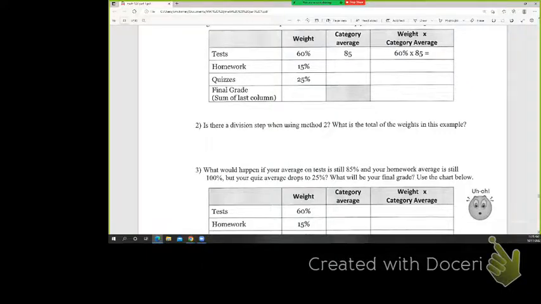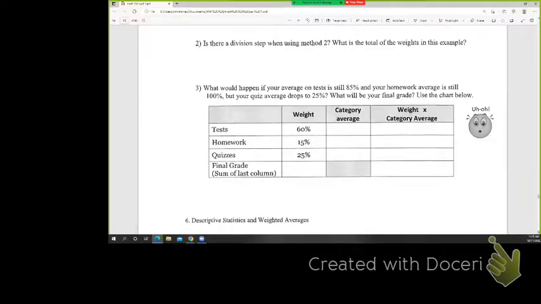So now, same class, and the average on the test is 85%. The homework average is still 100, but the quiz average drops to 25% for quizzes. Just not ready for those pop quizzes, I guess. Because some of these are the same as before, we can use the numbers from up top. We don't have to recreate the wheel.